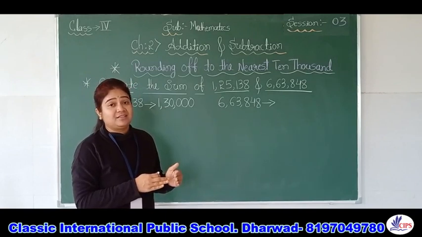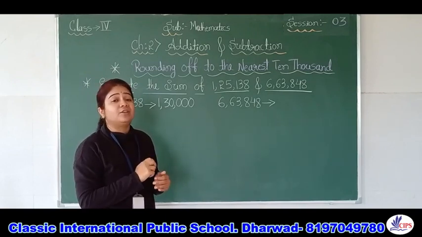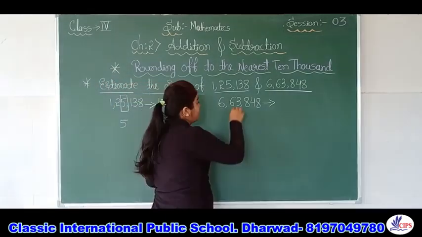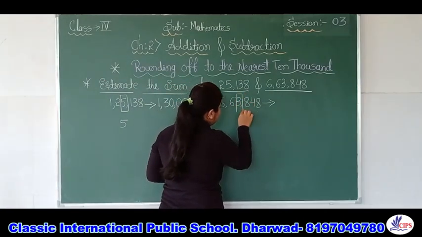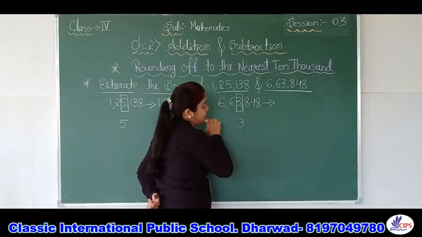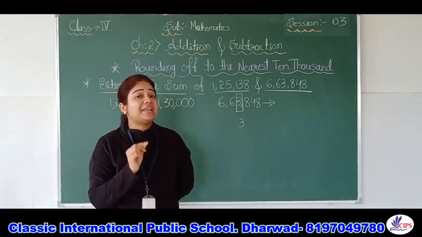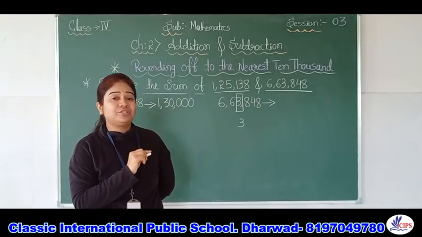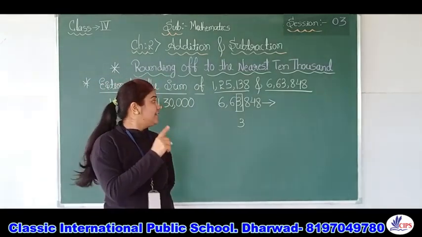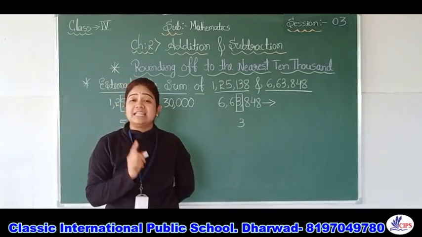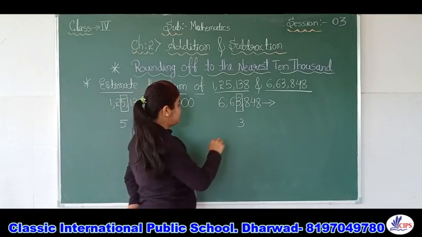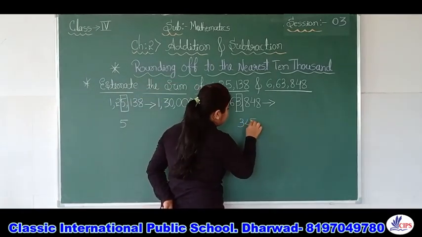The 1000 place value digit. Here the 1000 place value digit is 3. We have to check first whether 3 is less than 5, more than 5 or equal to 5. Here 3 is less than 5.